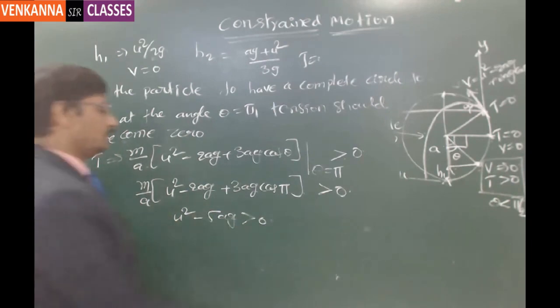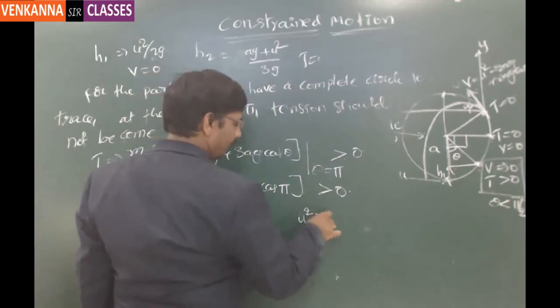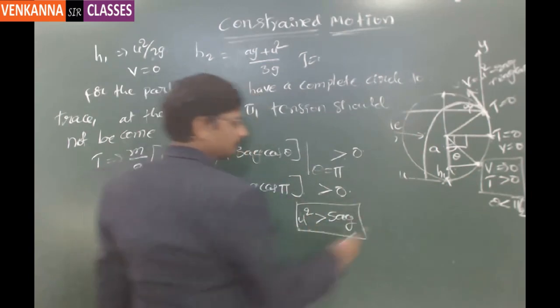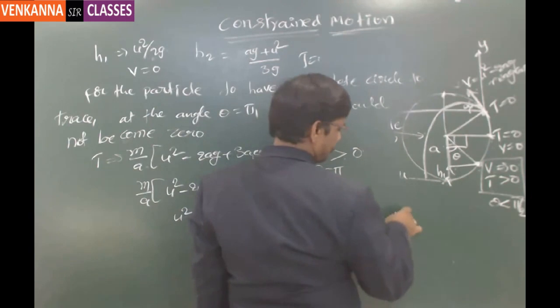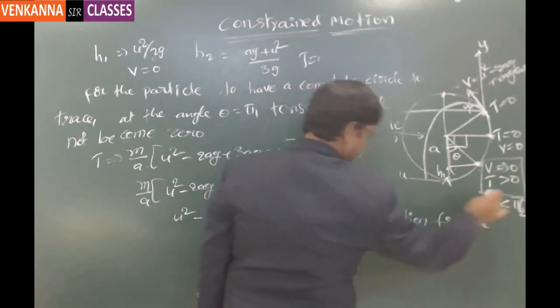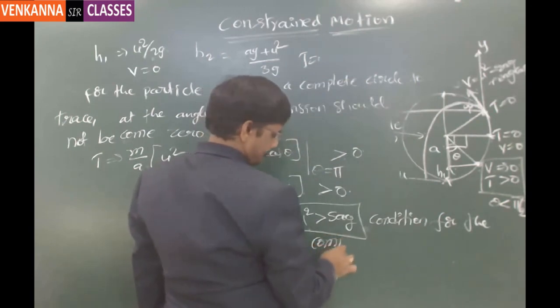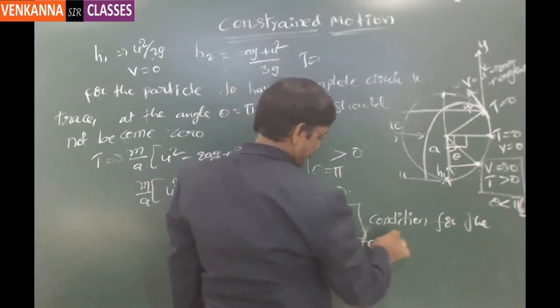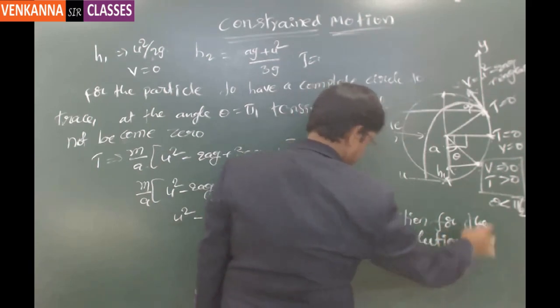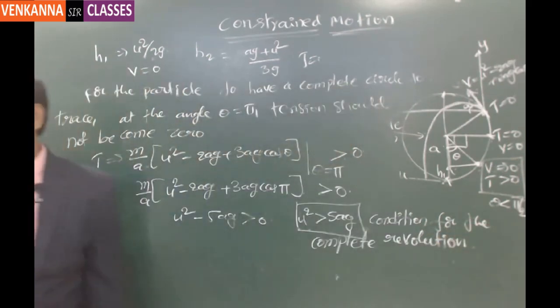So for this, u square should be greater than 5az, and this is the condition for the complete revolution.